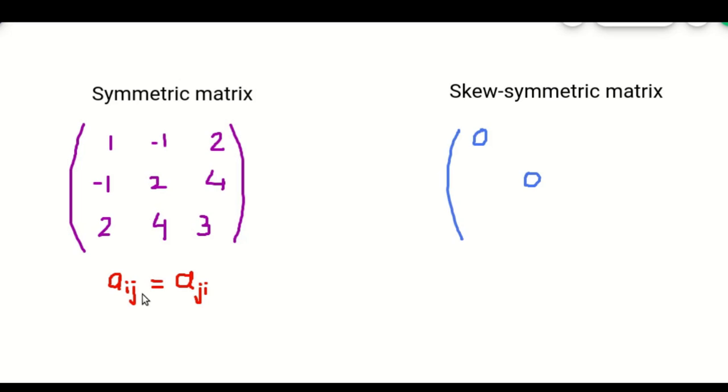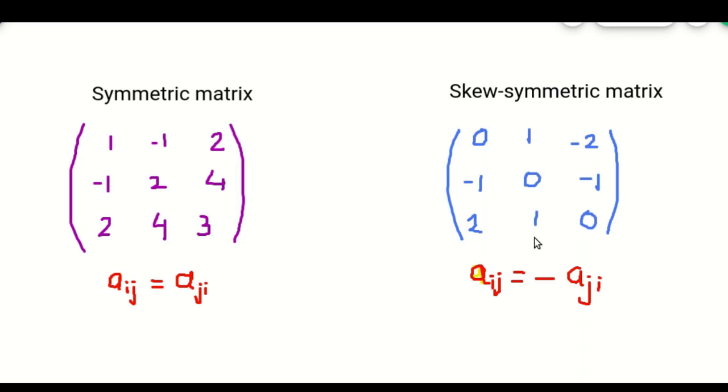Before seeing that matrix element, we will see one example of a skew-symmetric matrix. Here you can see the diagonal elements are 0, and Aji is the negative of Aij. You can see here also it is the negative of this: -1 here is 1 there. So from this we can write that Aij is equal to minus Aji, and this is the condition for a skew-symmetric matrix.